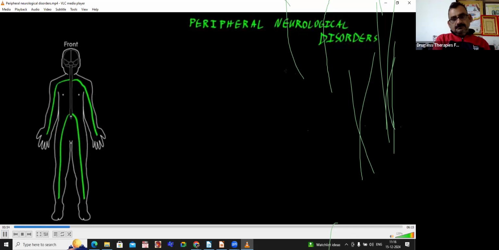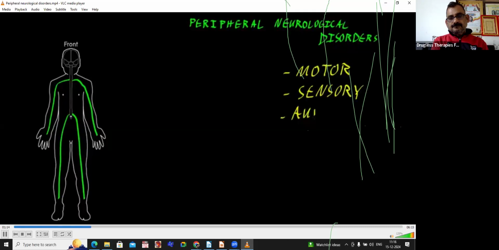Now, with abnormalities of skeletal muscle, we may see the motor abnormality of weakness. And with abnormalities of nerves, we may also see motor abnormalities, including weakness. But with abnormalities of nerves, we may also see sensory abnormalities and or autonomic abnormalities.